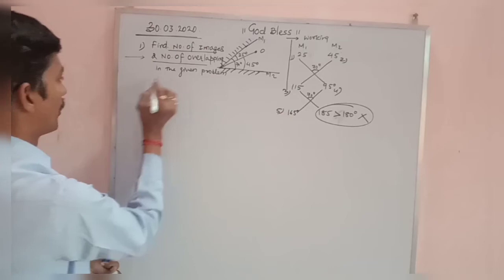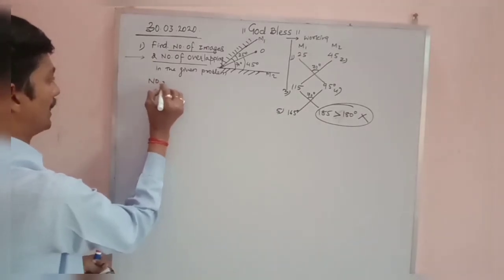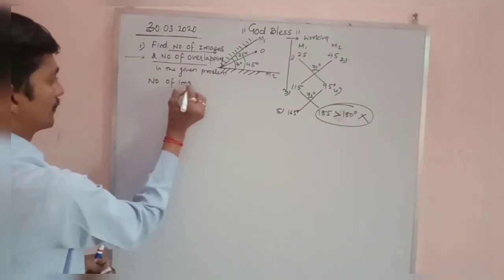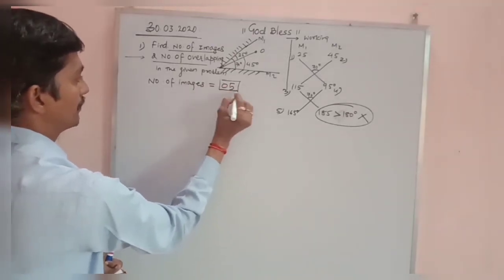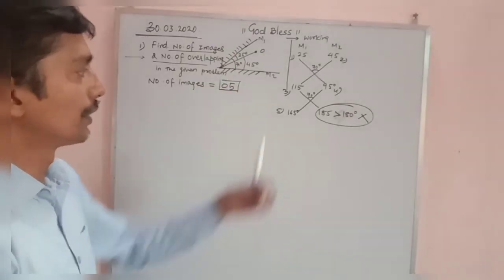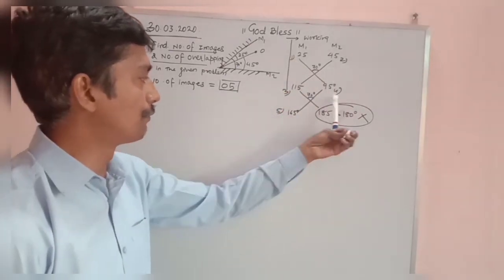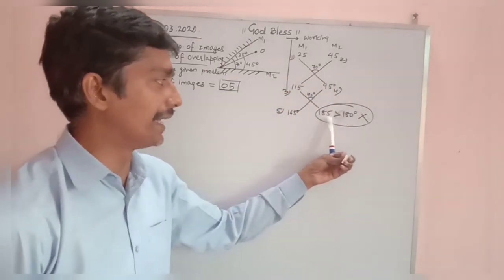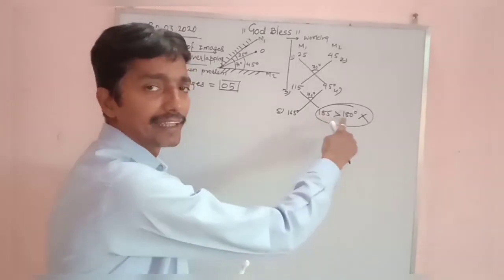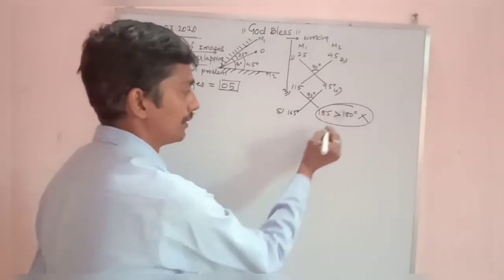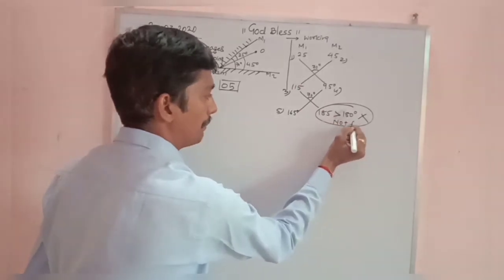So the answer for the given question is 5. You can see 1, 2, 3, 4, 5. The sixth image is 185, greater than 180, so it will not form an image.